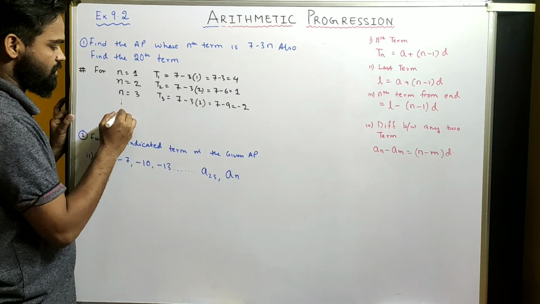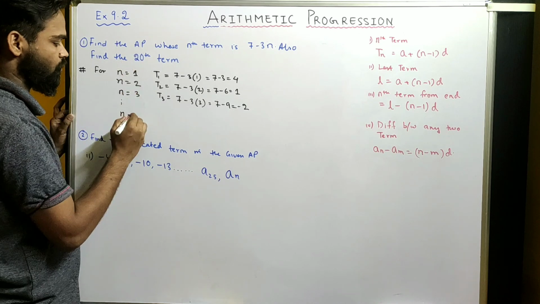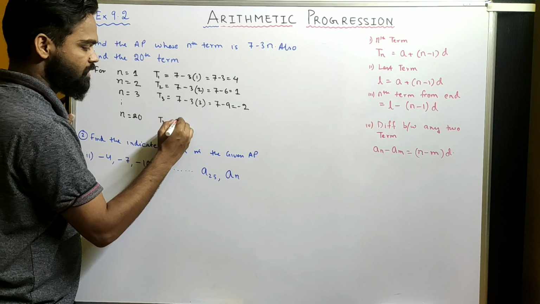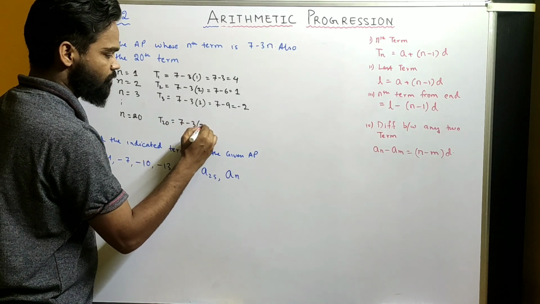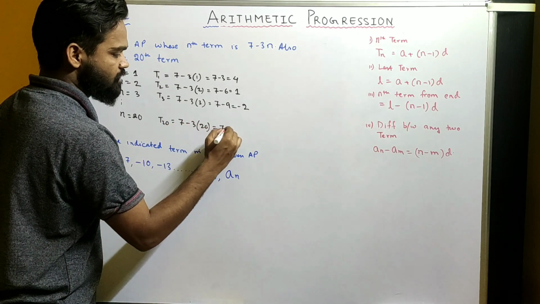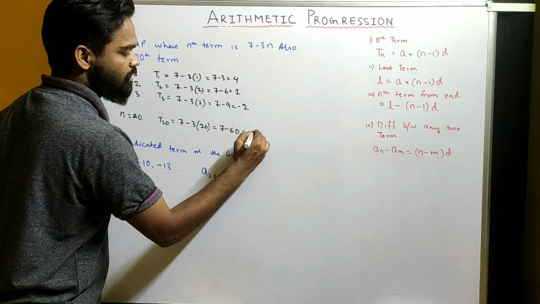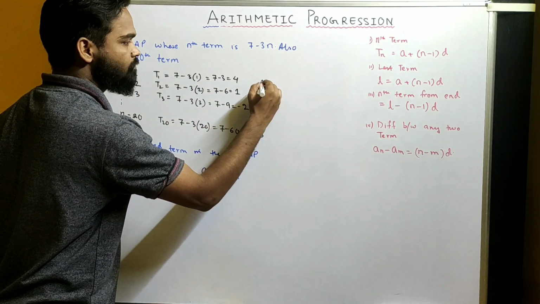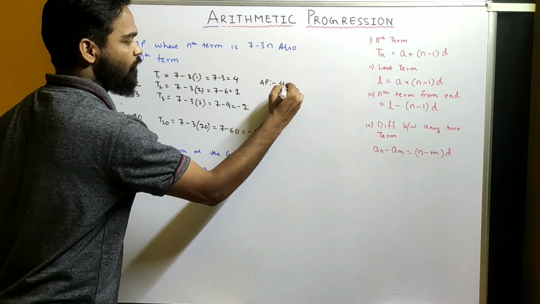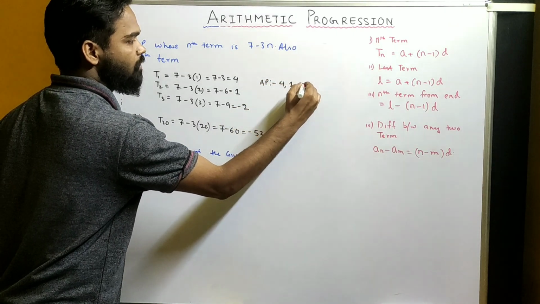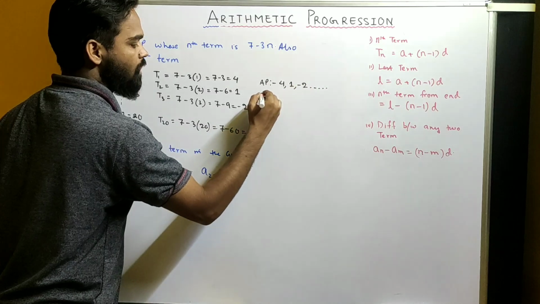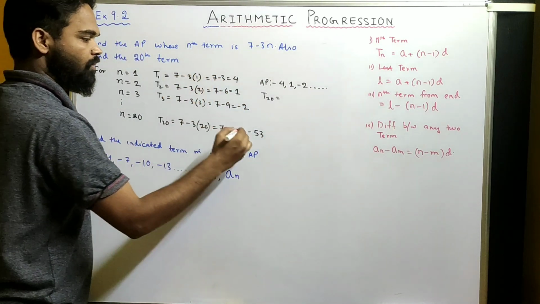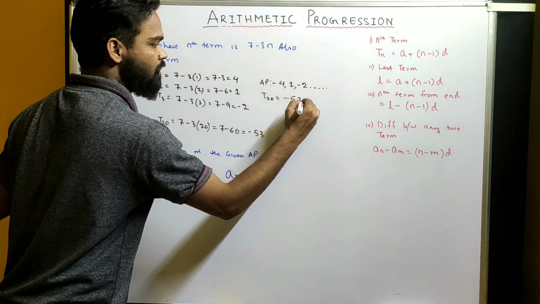Similarly, they've asked for the 20th term, n equals 20, t20 will be 7 minus 3 multiplied by 20, that's 7 minus 60, that's minus 53. So your AP will be 4, 1, minus 2, and so on. And your 20th term will be minus 53.